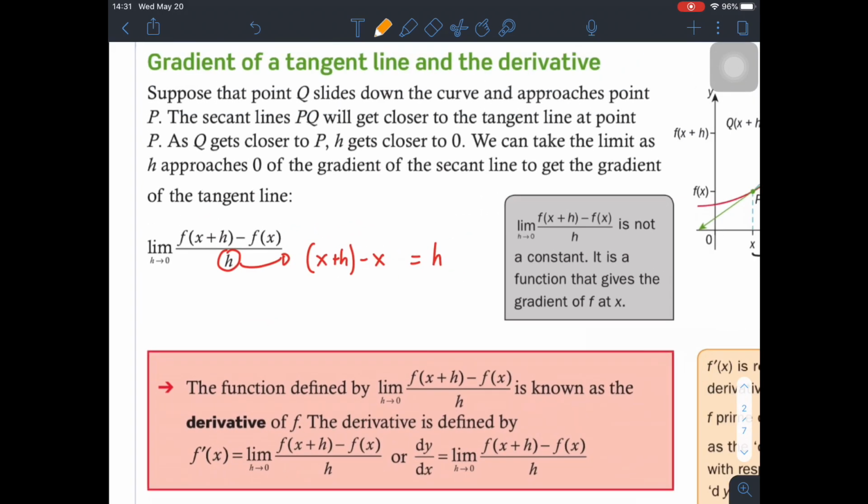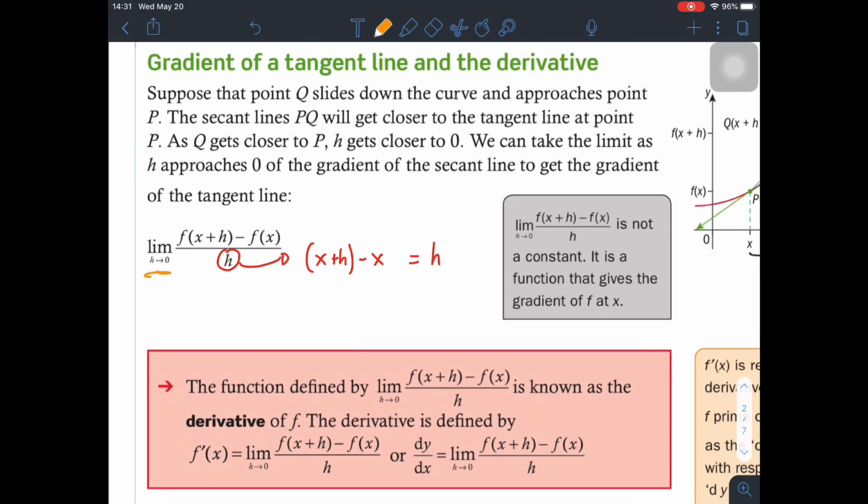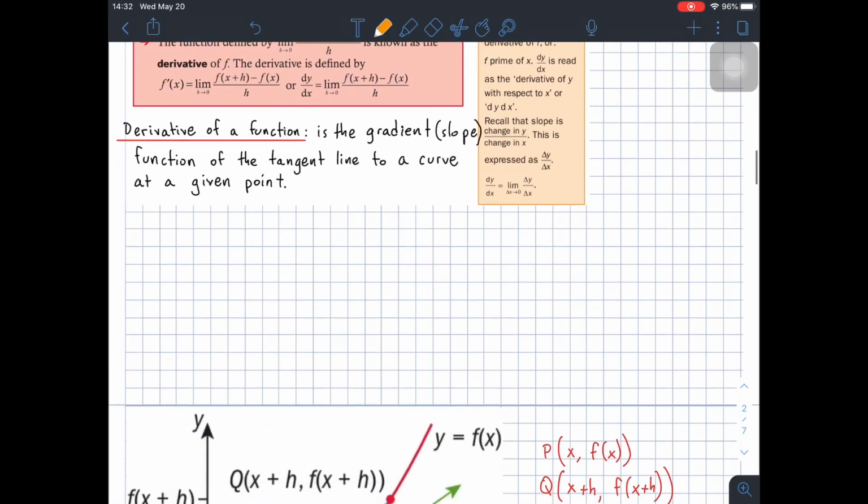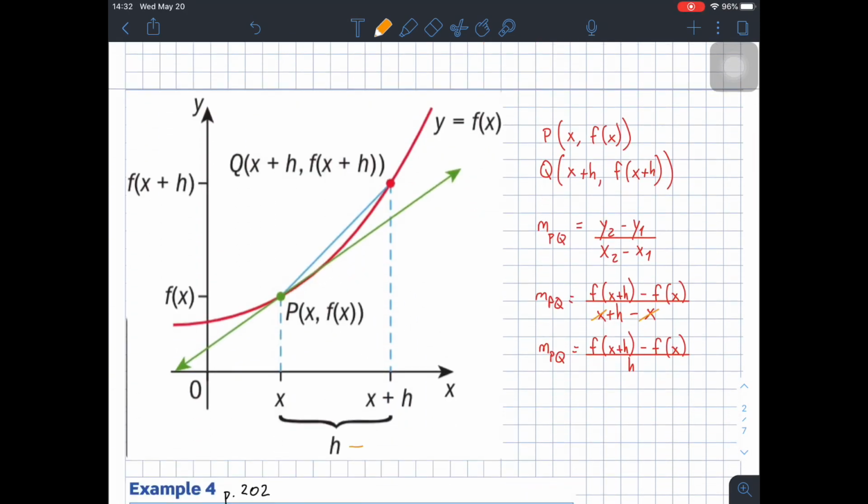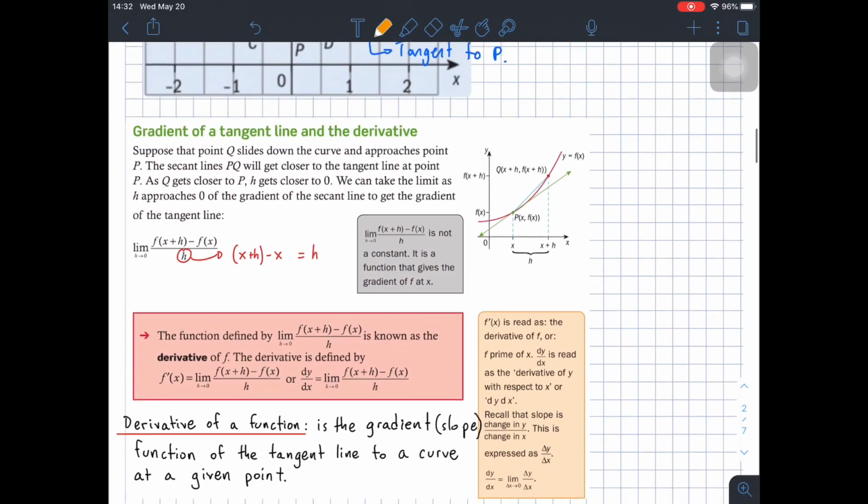So here's the concept. If we take the value of h to the limit where h approaches 0, remember that as h approaches 0, this point Q slides up to a point where it is infinitely close to point P. So when we trace the line PQ, we're going to have the tangent line through point P. That's what we're doing basically.